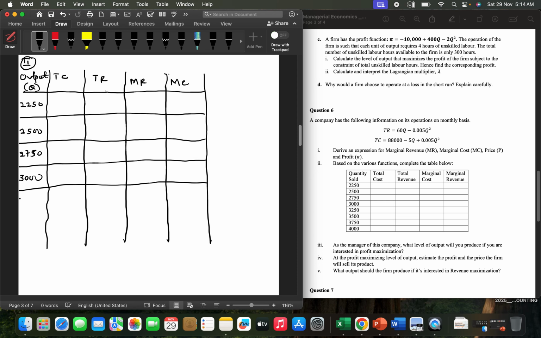And the next one was 3250. The next one was 3500.